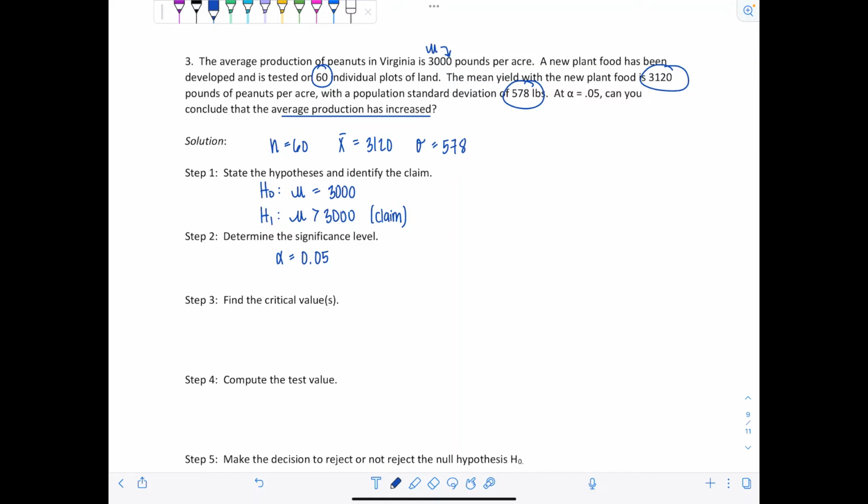So let's decide, is the test left, right, or two-tailed? It's right-tailed, yes? Very good, because the alternative has greater than 3,000. Okay, so if we were to look at our distribution, we would need all of that alpha, that 0.05, to be in the right tail here of the graph. Okay.